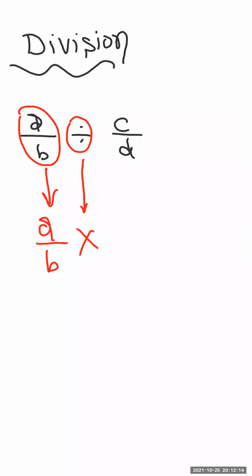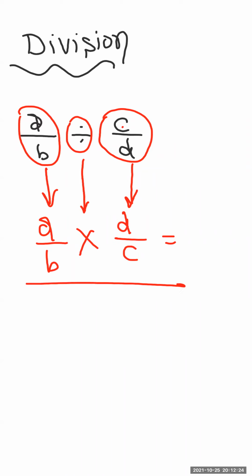So the division process will be multiplication, then flip the next number. It's C over D, now it will be D over C. That's it. So it becomes a normal multiplication like before. So A times D means AD over BC. Let's solve a numerical example, so that we can understand this well.